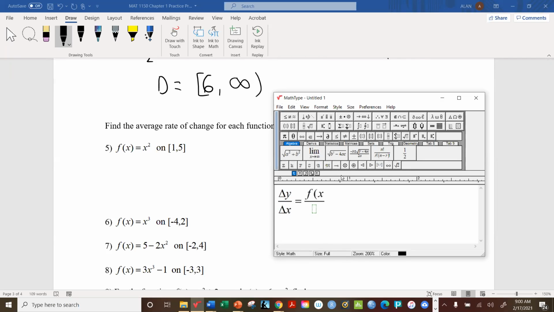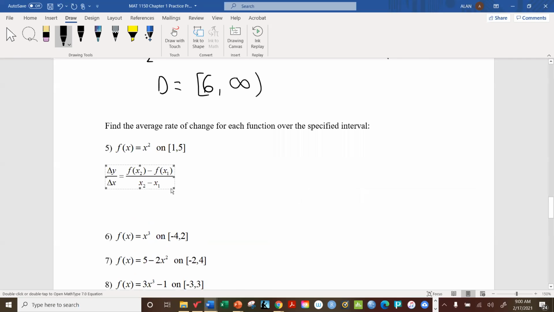So we'll have f of x2 minus f of x1 all over x2 minus x1. And this is just the slope of this function between those 2 points. That's really all that it is. It says the rate of change, but that actually means the slope.